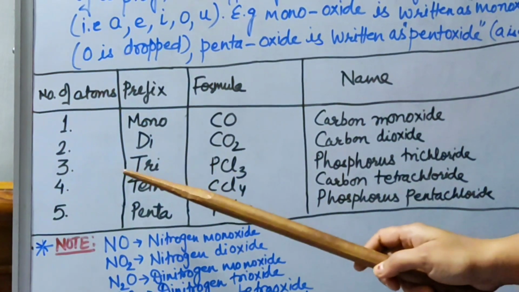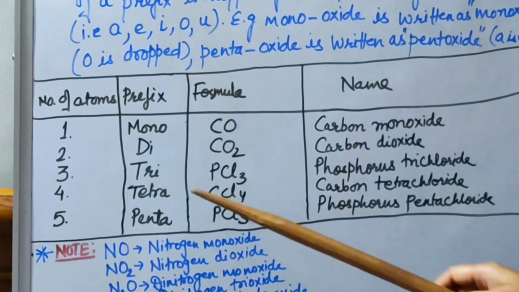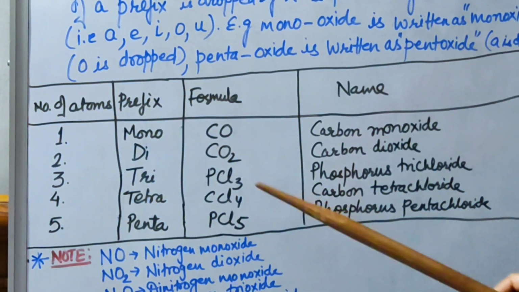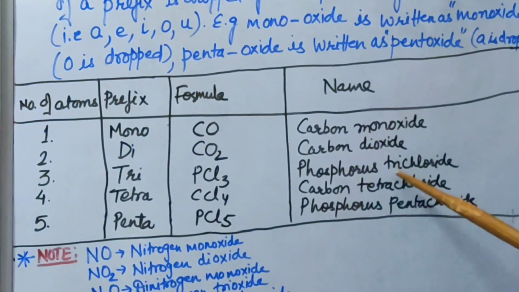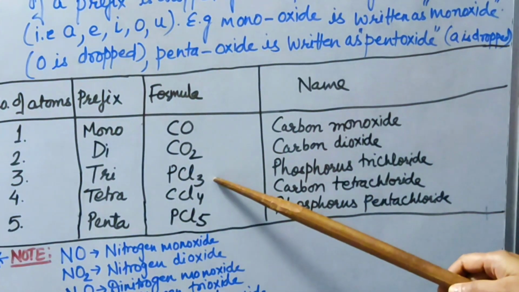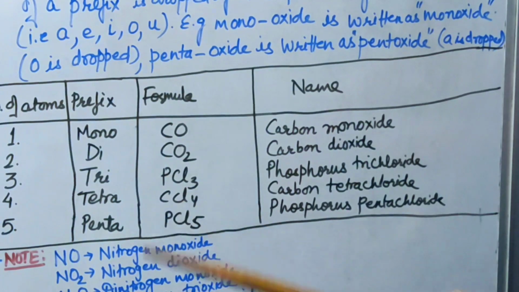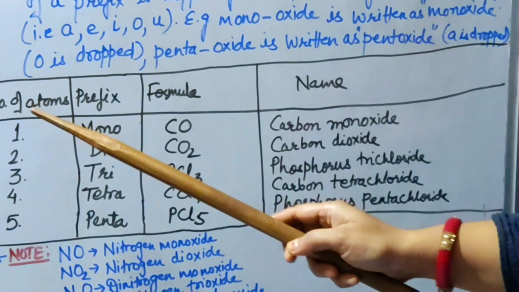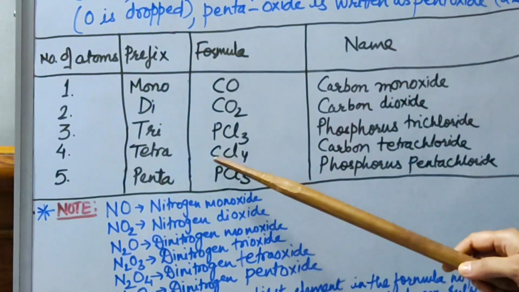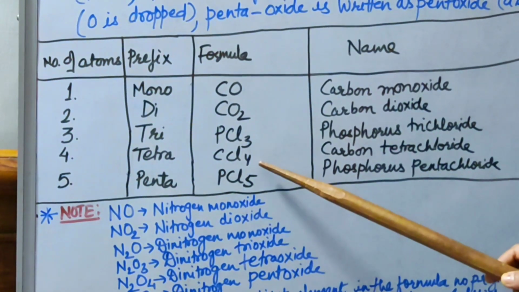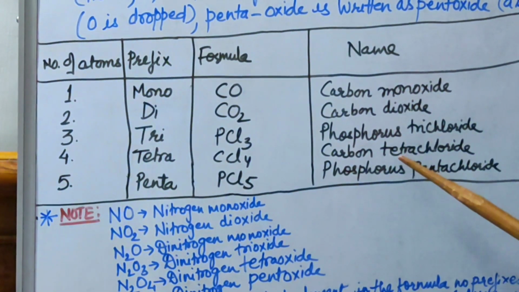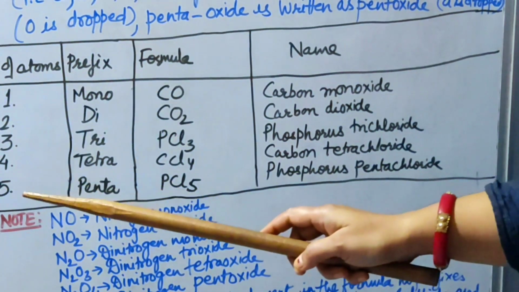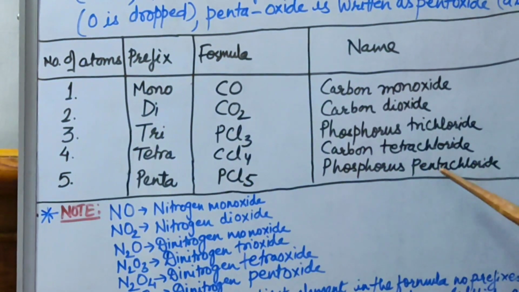Similarly for tri, if it is 3 atoms, PCl3 is an example: the name is phosphorus trichloride, because 3 chlorine atoms are attached to one phosphorus, so you put the prefix tri. If the number of atoms is 4, suppose CCl4, carbon tetrachloride. Tetra because 4 chlorines are there. If it is 5, then pentachloride.